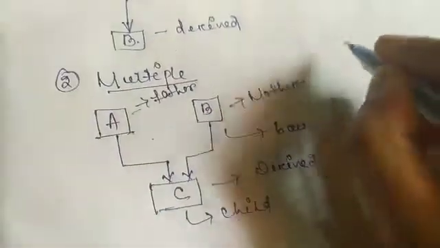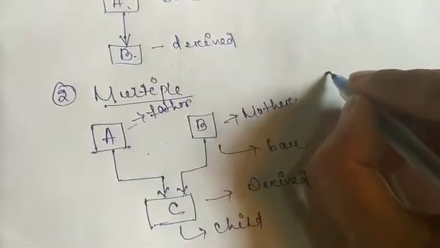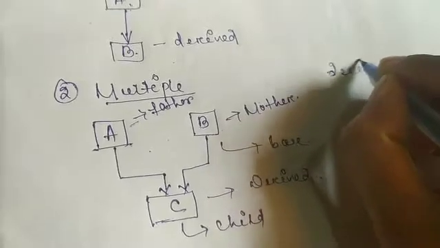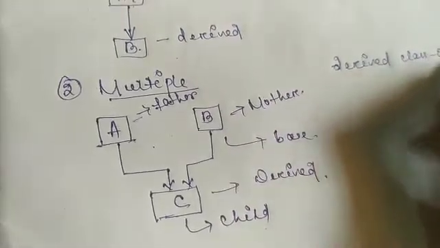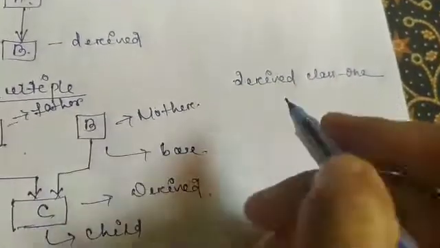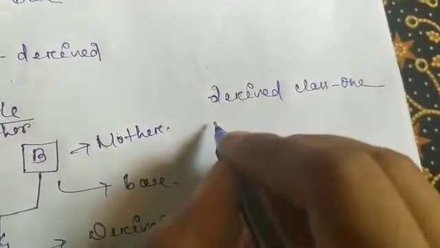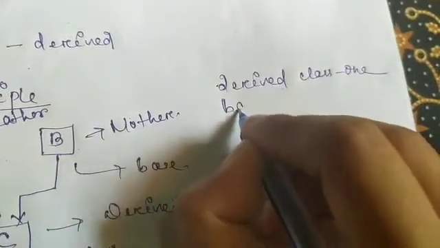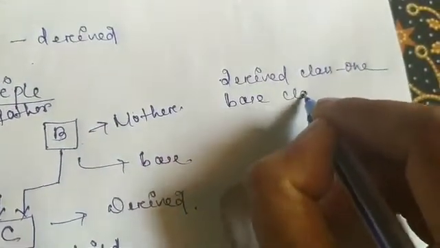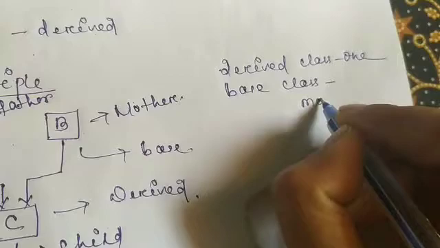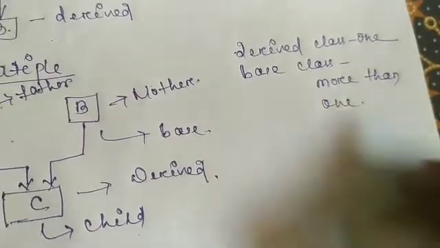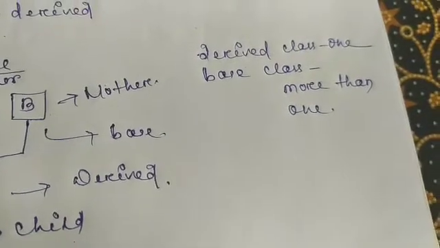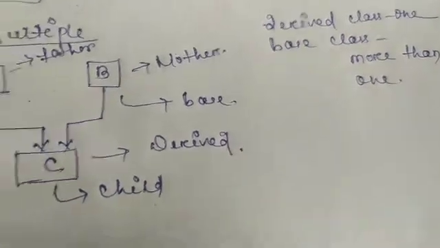So in multiple inheritance, the derived class is one, but there is more than one base class.